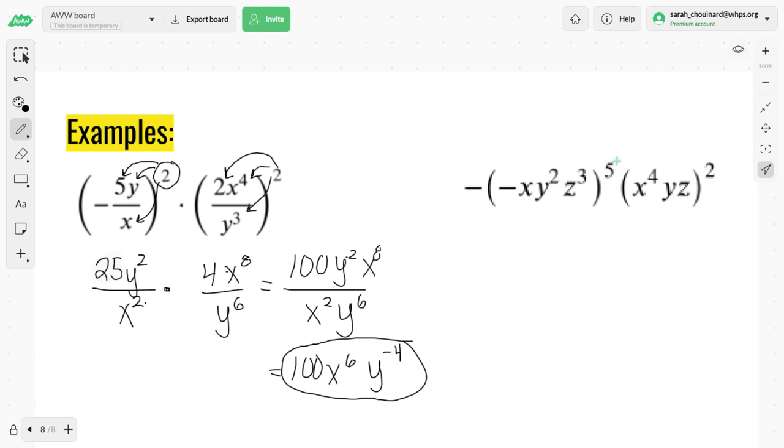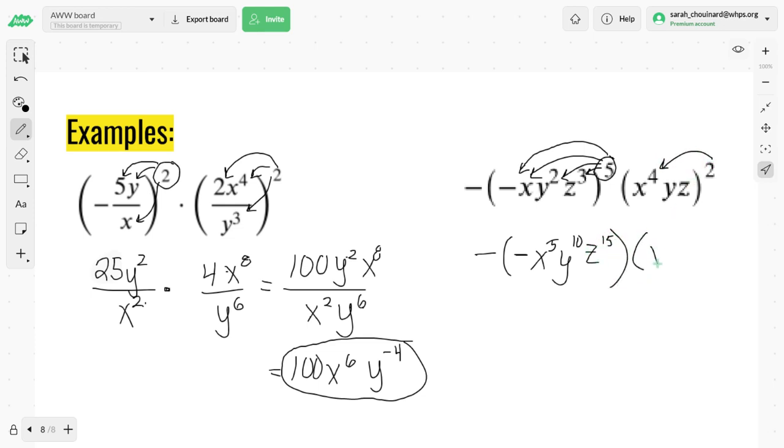All right, last one. So this power of 5 needs to be distributed to the negative, but raising a negative to an odd power gives me just a negative answer. So I'm going to have negative x to the 5th, y to the 10th, z to the 15th, rather, 5 times 3.